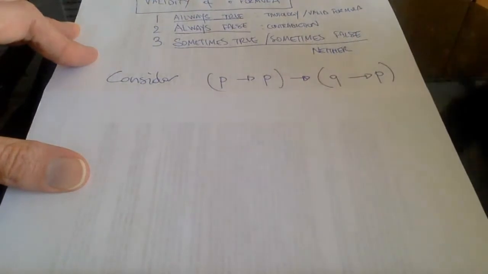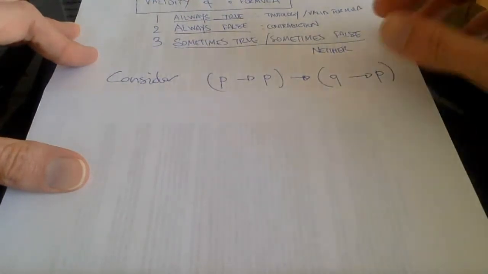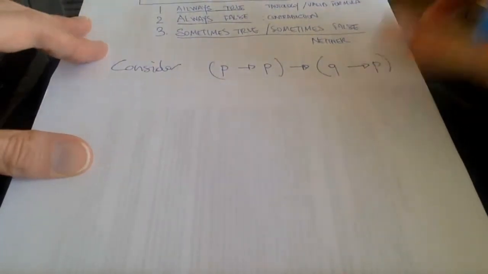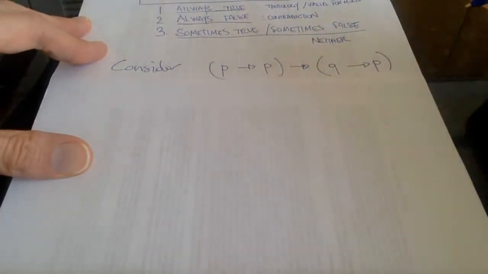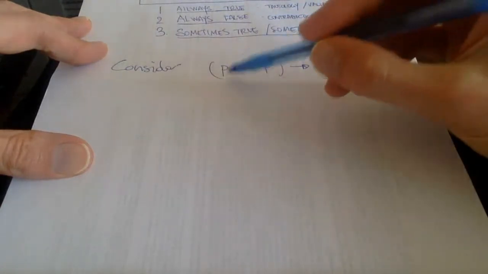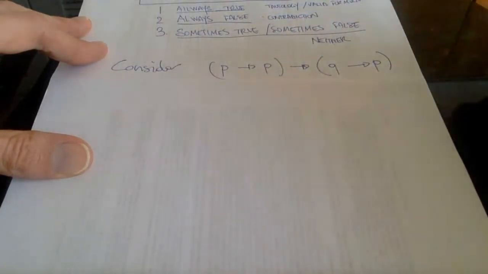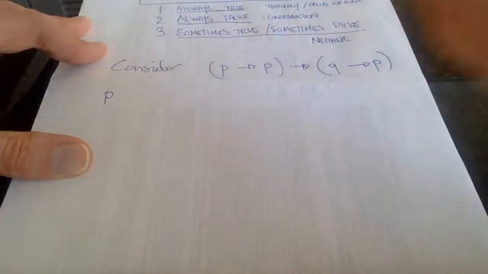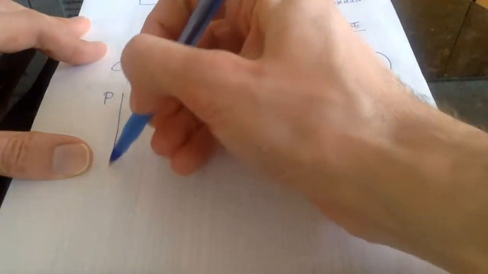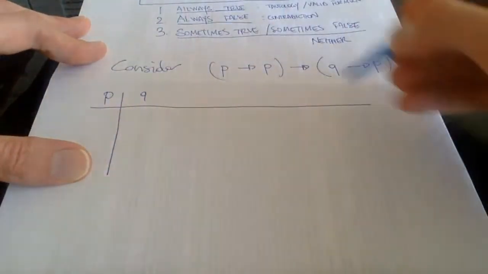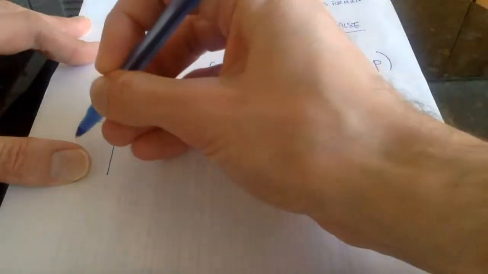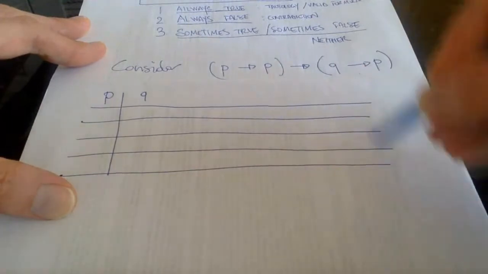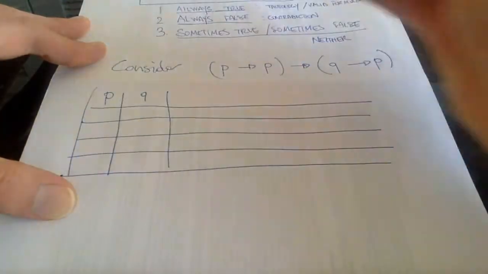Now, the first thing to do is to write down all the possible combinations of valuations, of zeros and ones that we can assign to the atomic formulas. So in this case, we only have two atomic formulas, P and Q. So you write them here, and here you write down all the possible combinations.